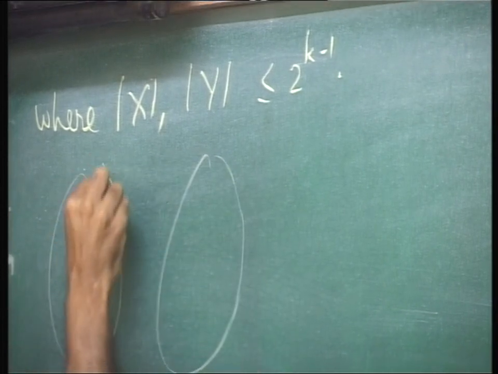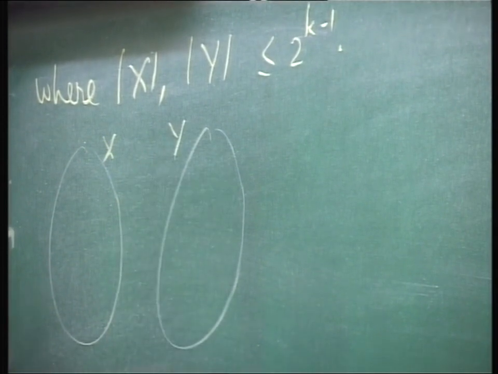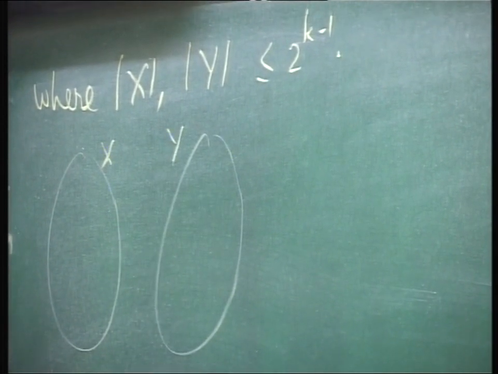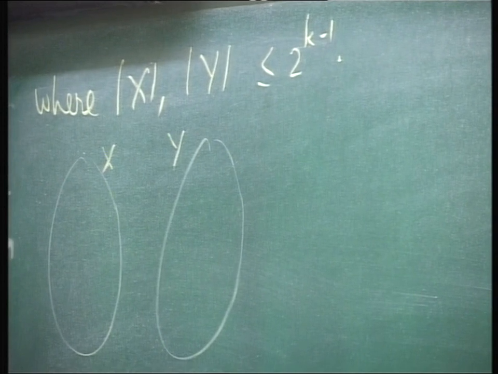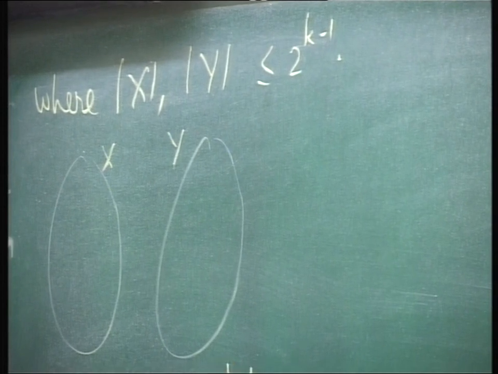The idea then would be to... size of x is at most 2 power k minus 1.